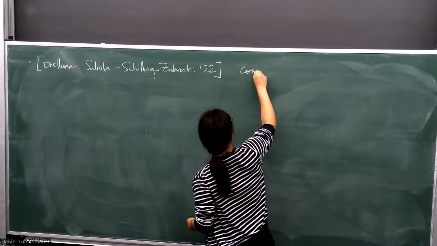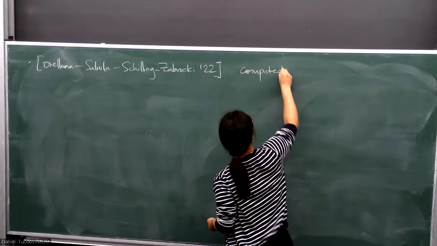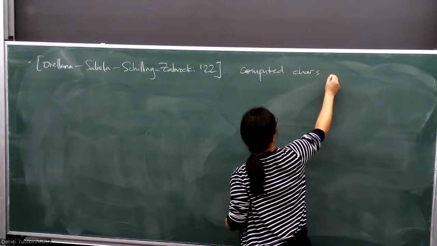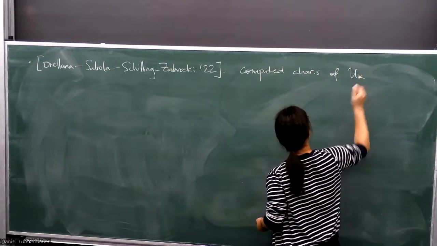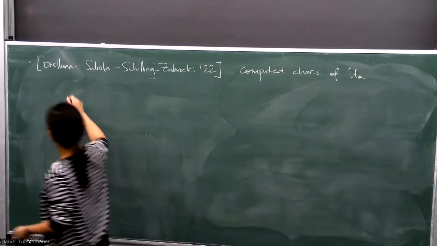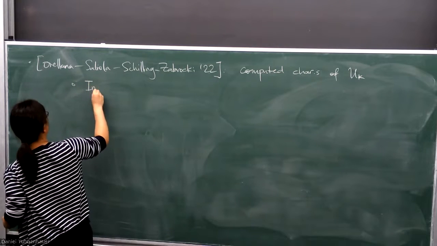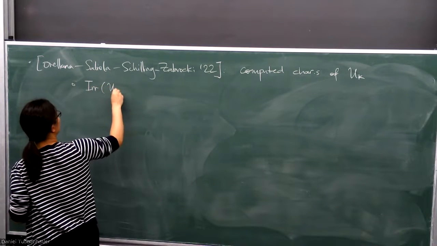In particular, let me just very quickly jot down an indexing set for the irreducibles.